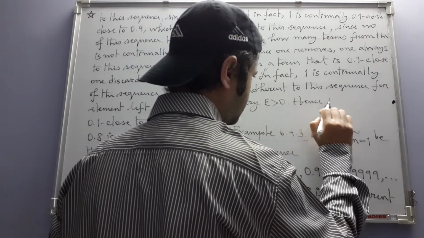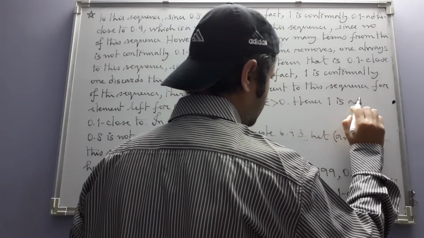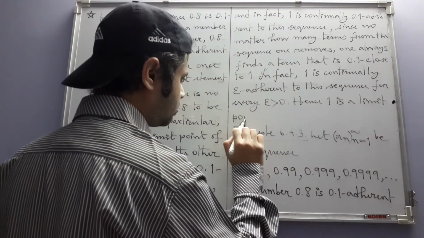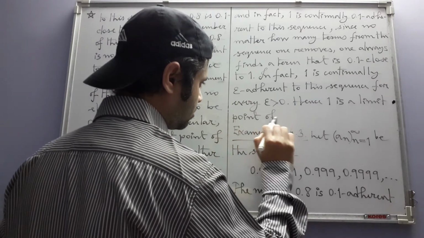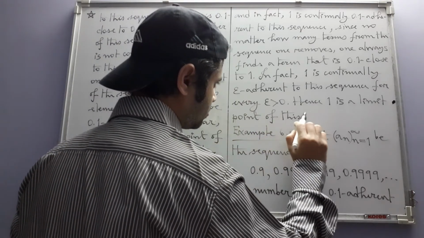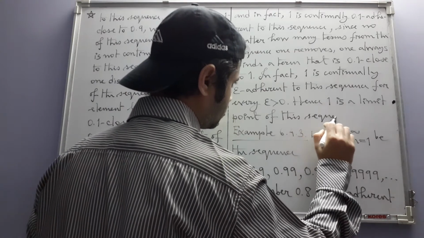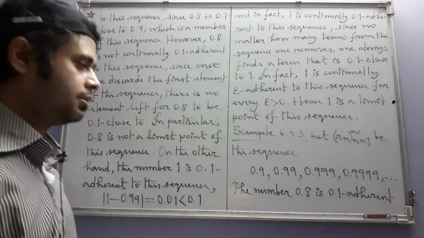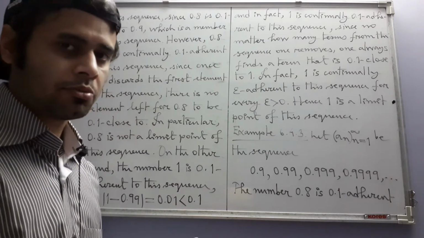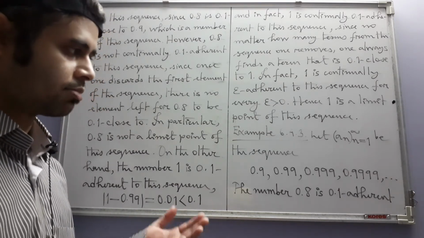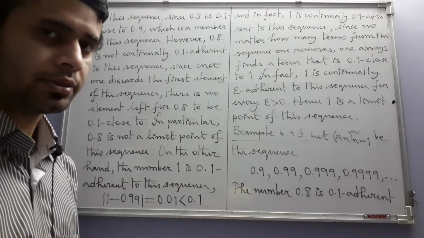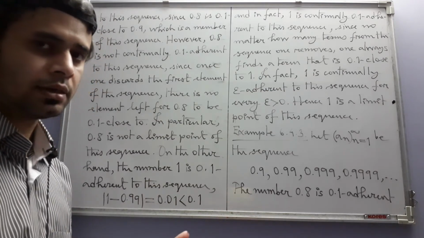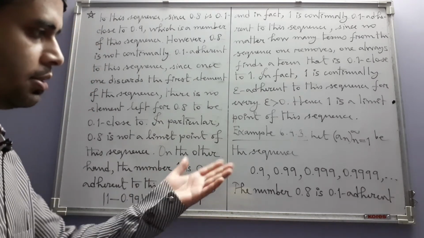Hence, 1 is a limit point of this sequence. So 0.8, although it becomes 0.1 adherent to the entire sequence, in the very next step it fails. However, 1 passes all the tests and it becomes a limit point of this sequence.